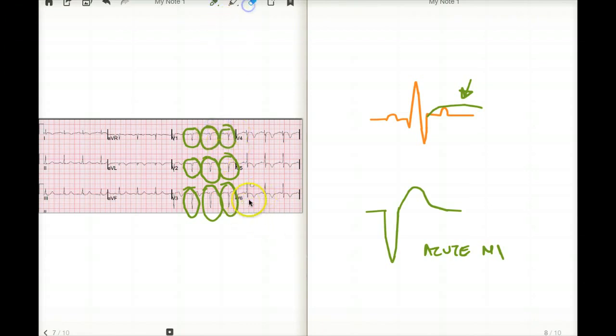Kind of here though, we start to see that there is an ST segment elevation over here, right over here. So that tells us that this is not an old MI. This is a recent MI, because we're starting to see ST segment elevation as well.